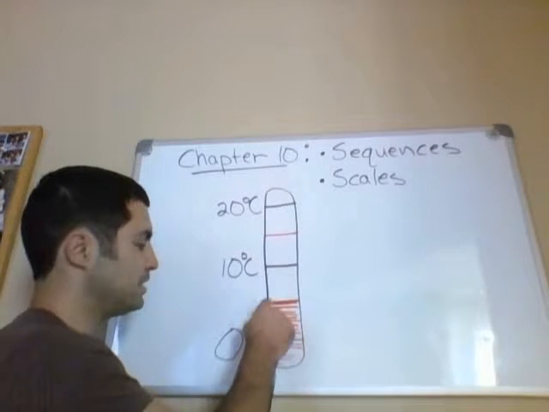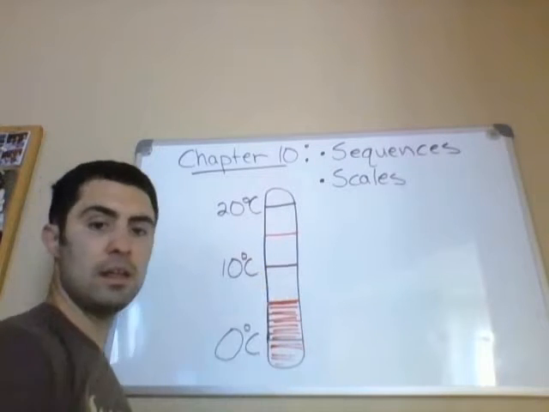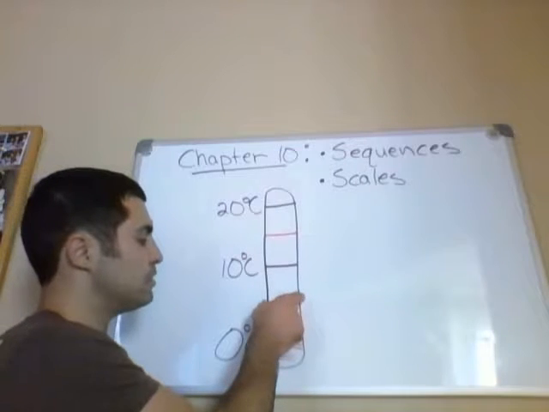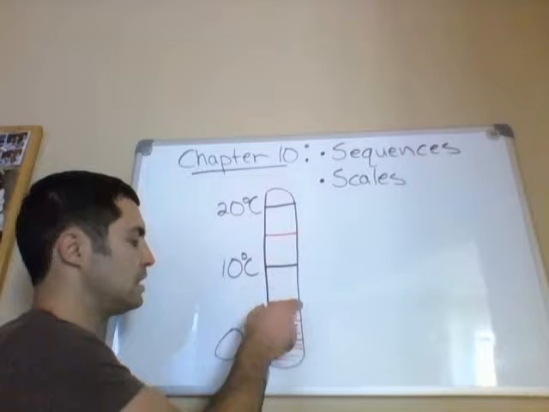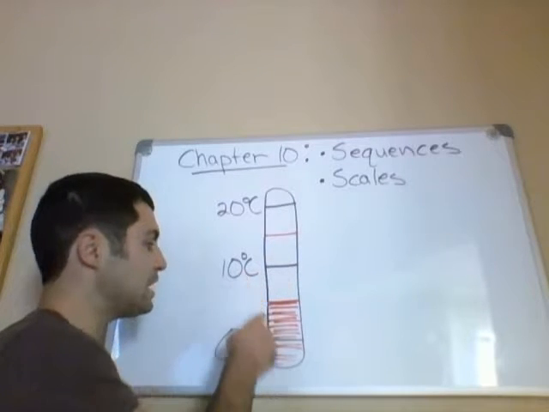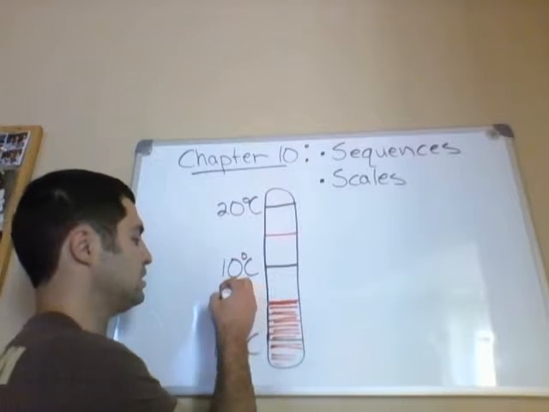So if the mercury rises to right there and it's in between 0 and 10, it's halfway there. So we're going to assume that this is exactly halfway in between 0 and 10. So 10 divided by 2, or half of 10, is going to be 5 degrees Celsius.